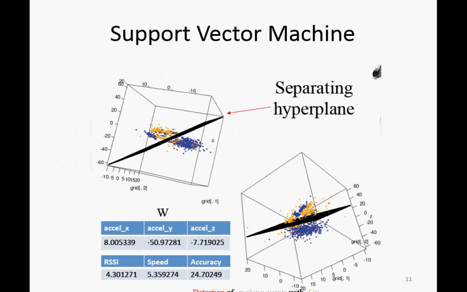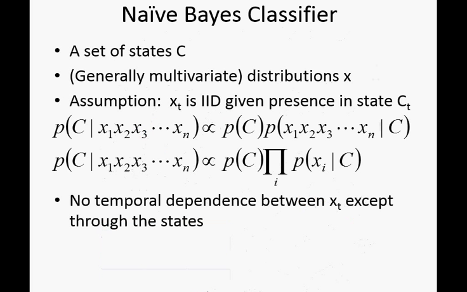Okay? If I'm in a sitting state, I'm going to be seeing a certain distribution associated with these that's not going to be varying. So a support vector machine provides us with one way of trying to classify from a given data point whether we're in a smoking state or a non-smoking state, for example, based on this decomposition.